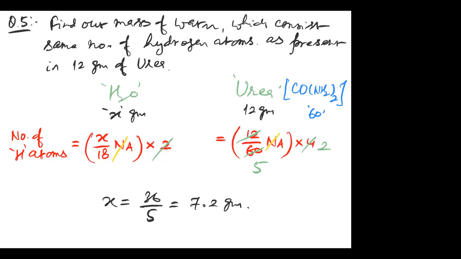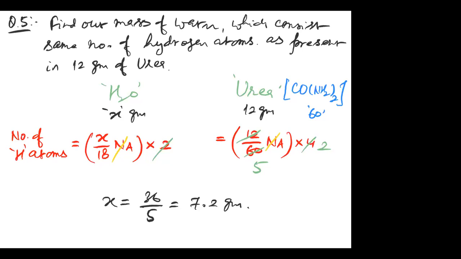gram. I'm repeating the same solution again. For water, imagine it is X gram. For urea, it is 12 gram, which is given in the question. The molecular mass of urea is 60, and for water it is 18.